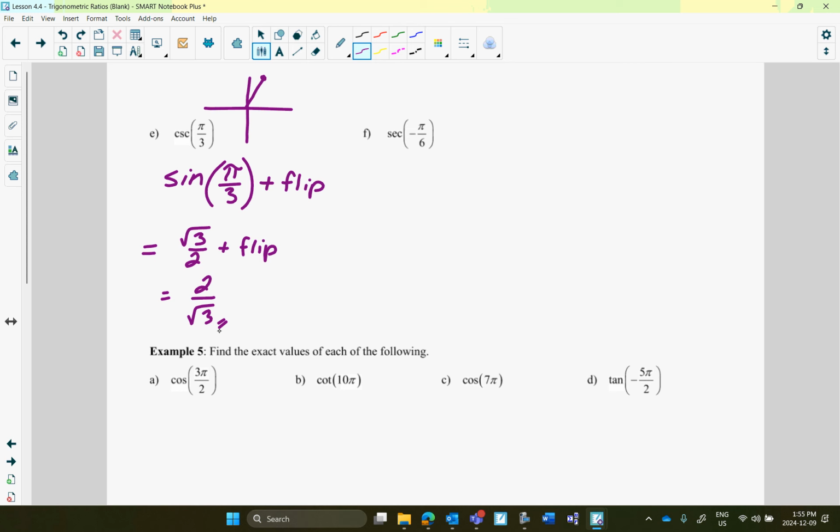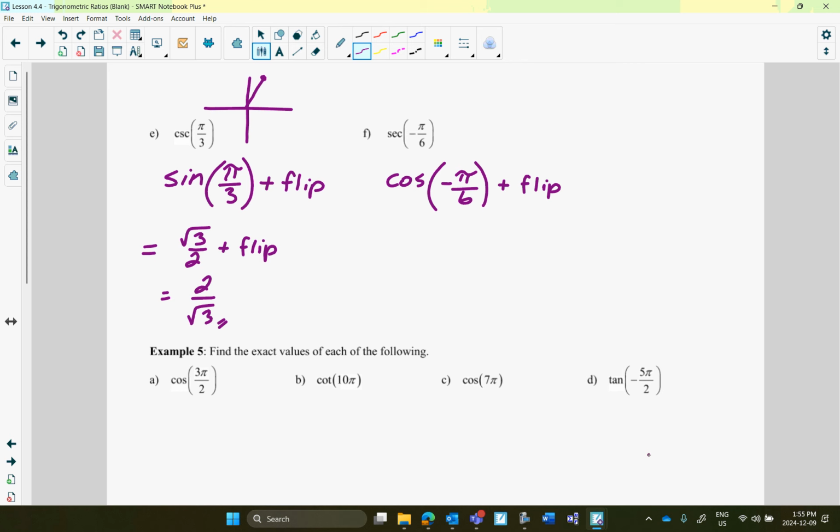Oh, this one's, what are we going to do with this one? Okay, we're going to make a cos of -pi over 6. Find that answer and then flip it. How do I do -pi over 6? Not flipping it.